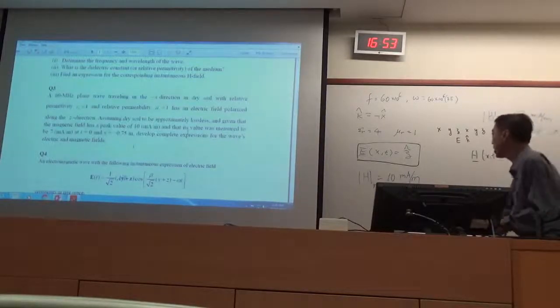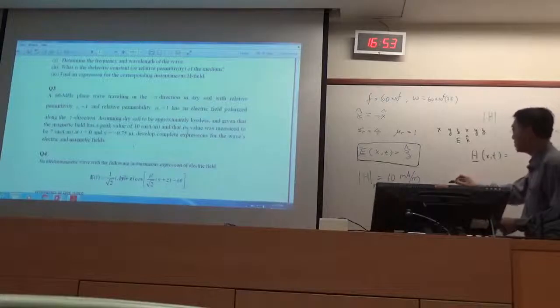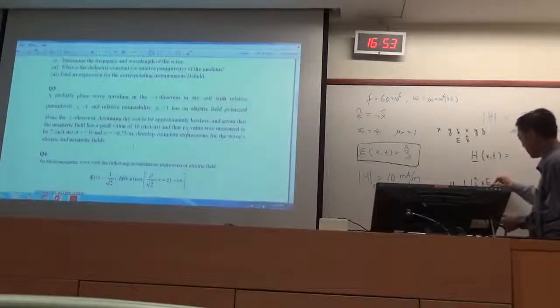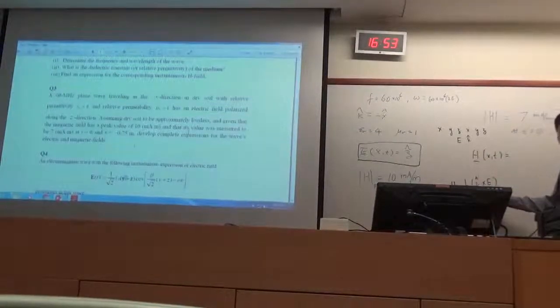Very simple. If you can't do that, you remember H is equal to 1 over zeta, k cross E. Use this one. What you now require is only the polarization.